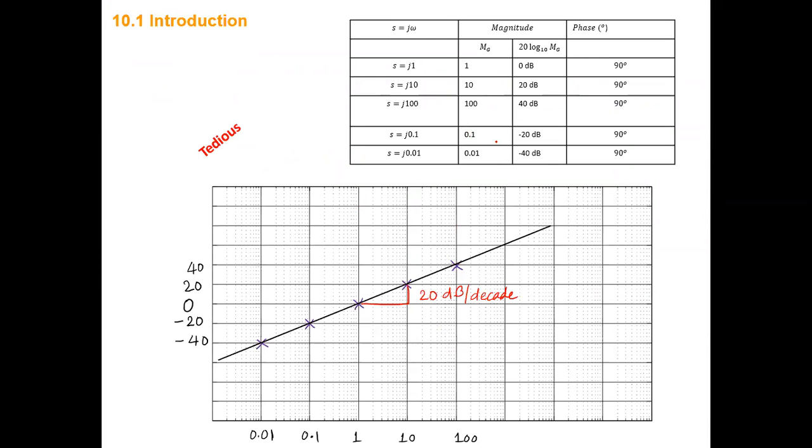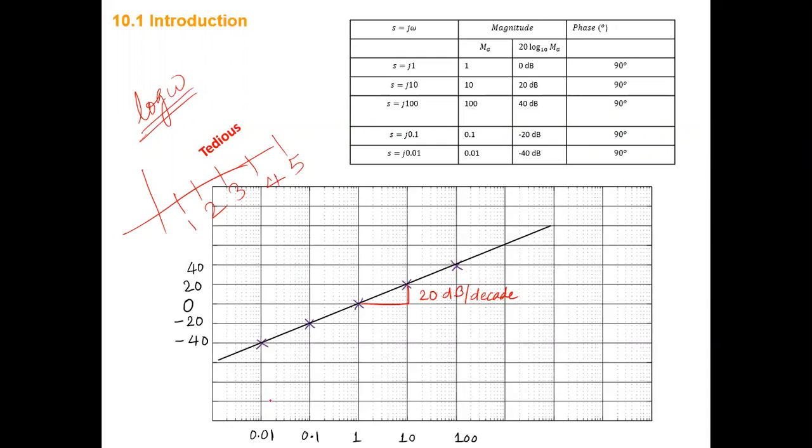Let's talk about this. First of all, I want to talk about the log plot. Remember we say log omega? So what does the plot look like here? In the case of a regular plot, you go 1, then 2, then 3, then 4, then 5, like that, right?